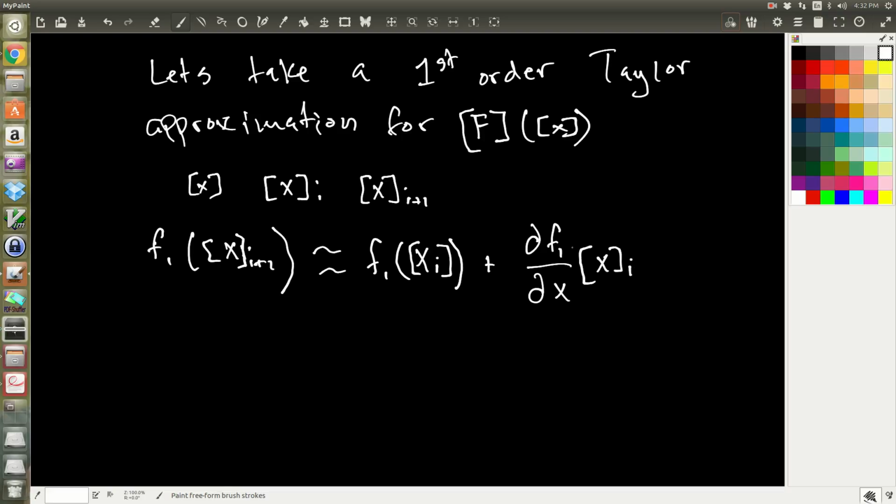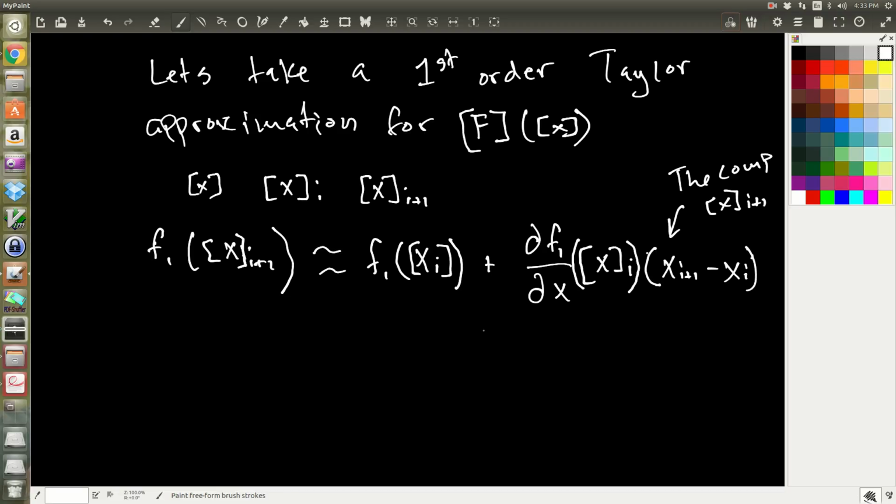Okay, so we're evaluating this derivative at xi. Then we're multiplying it by the distance between xi plus 1 and xi, just the components. So we have xi plus 1. This is not the vector, so this is the component of xi. Okay? Minus xi.